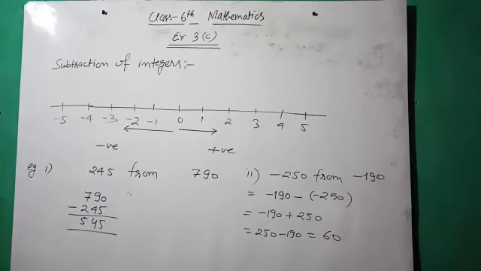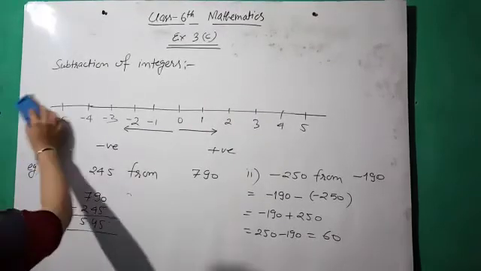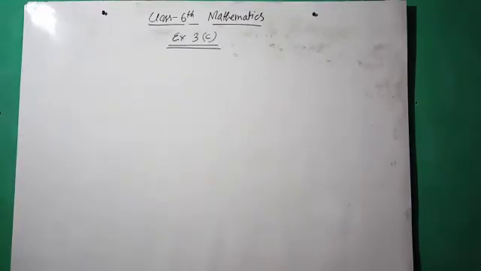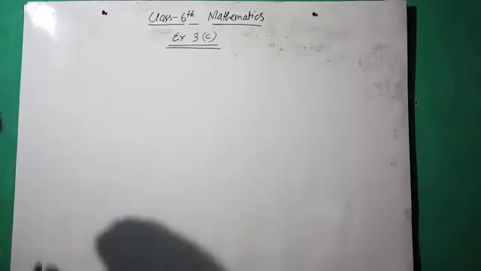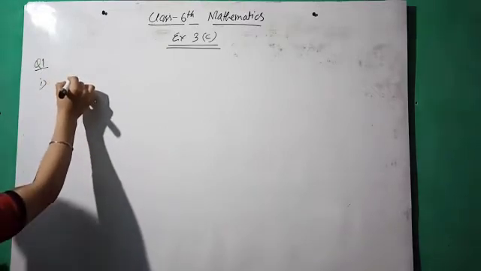So let us start with exercise 3C. First question, fill in the blanks. Plus 8. Whatever I write on the board, you have to note down in your clear copy as per the given instruction. Okay. So question number first, part first is plus 8.